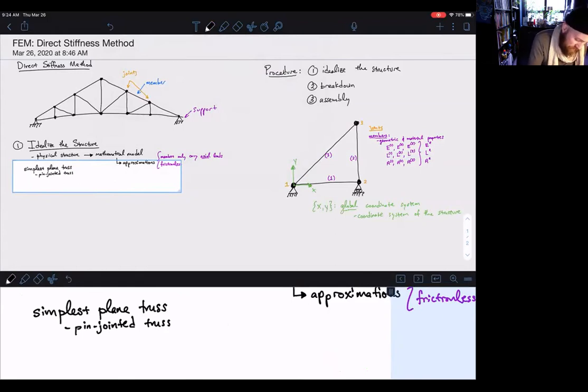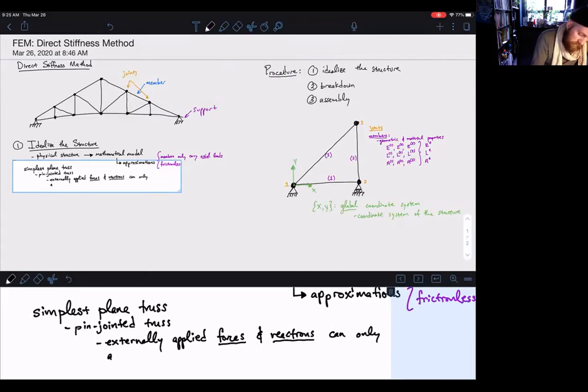So let me write that down. This is something you might recall from statics, doing a static analysis of a truss. The forces and reactions are going to only act at the joints.